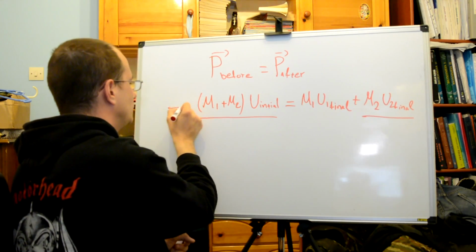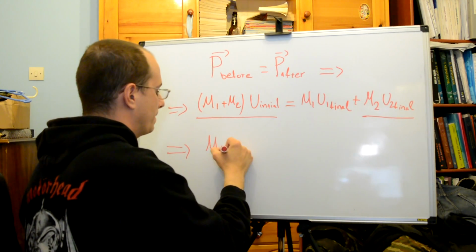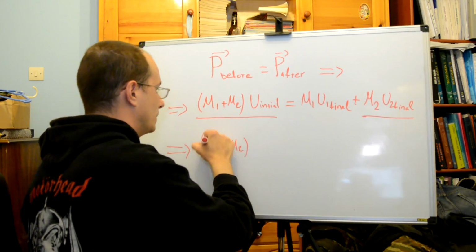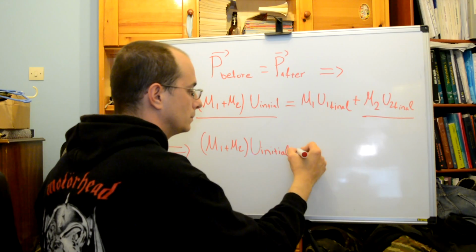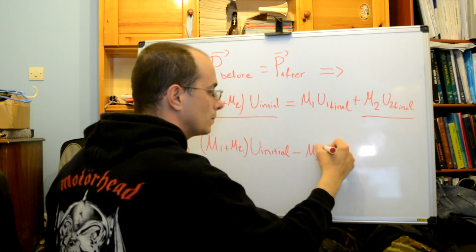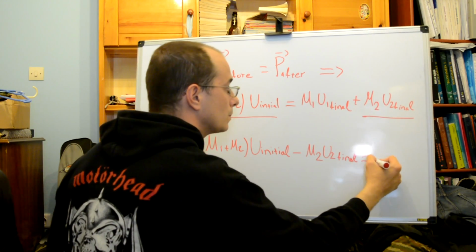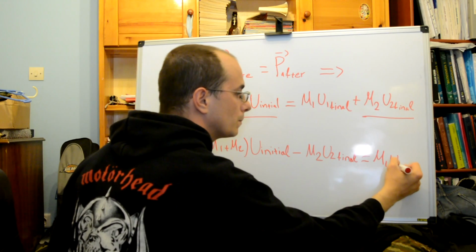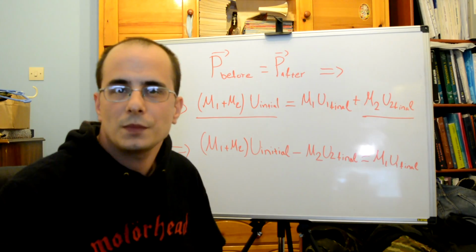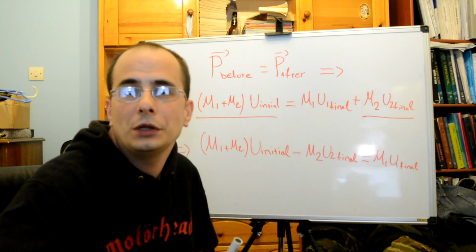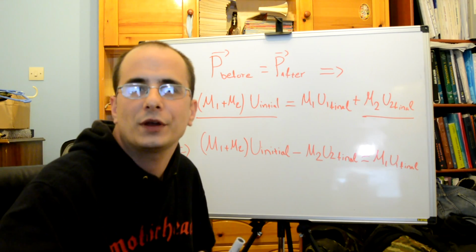Now all you have to do is divide by the mass, and you finally have the velocity of carriage number 1.